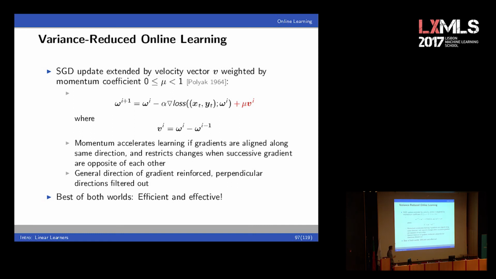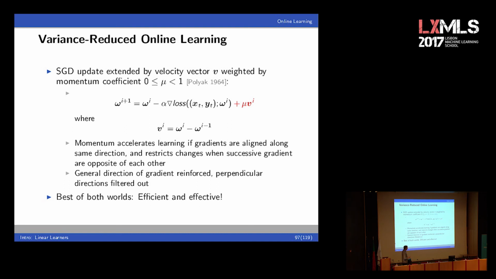Okay, so now what I said about variance reduction. One of the techniques for variance reduction that is used in every online learner nowadays is called the momentum technique. It's also from the 1960s. If you look at our update, we update with a learning rate in the negative direction of the gradient, plus mu times velocity. Velocity is the difference of the weight at this step and the step before.